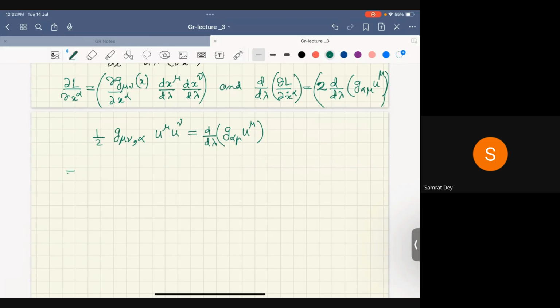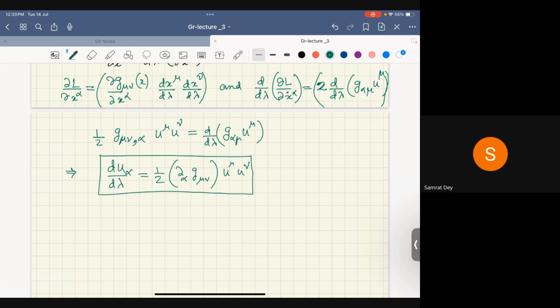Or we may also write du_α/dλ equal to half ∂_α g_μν u^μ u^ν, but isn't it the same equation as equation 1?